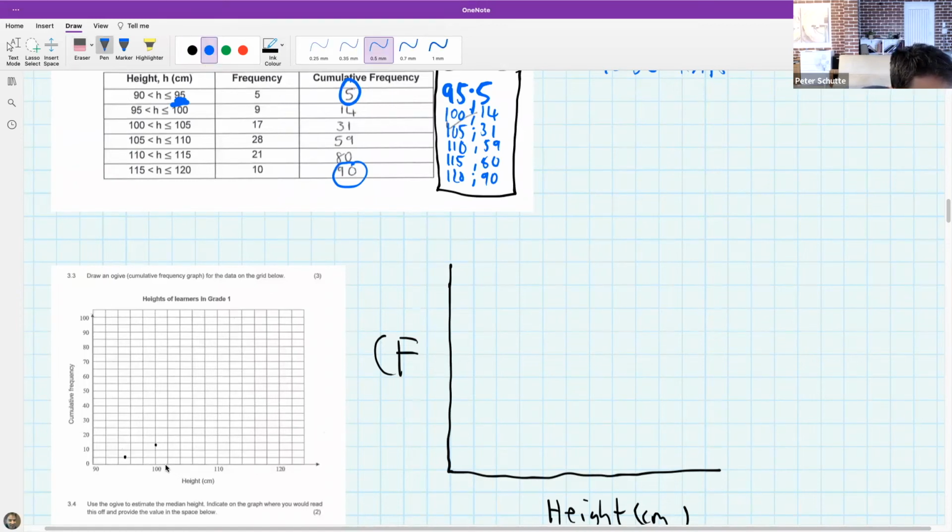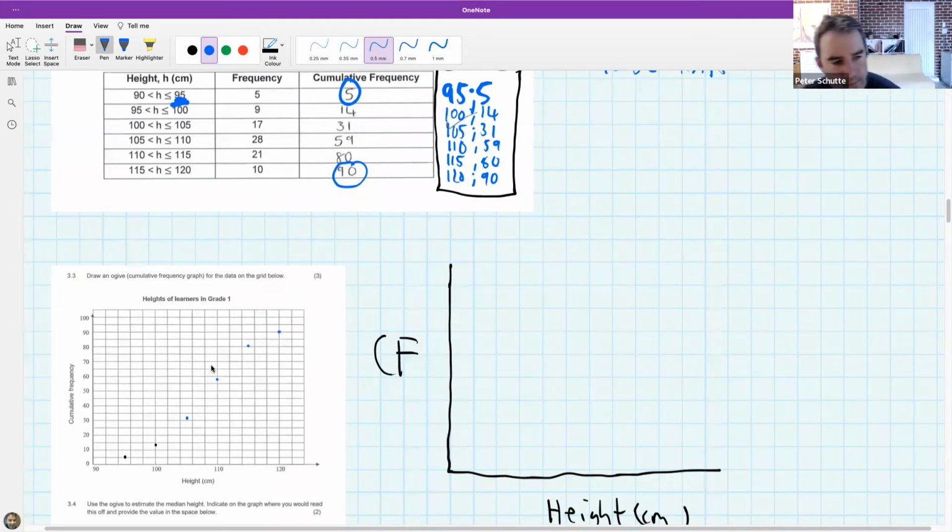So that would be about here. 110.59. You really have to watch your scale up there. 115.80 should be up there. And 120.90 should be up there.